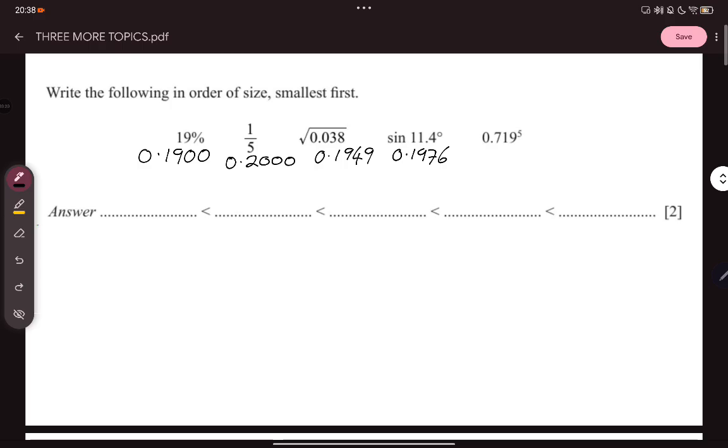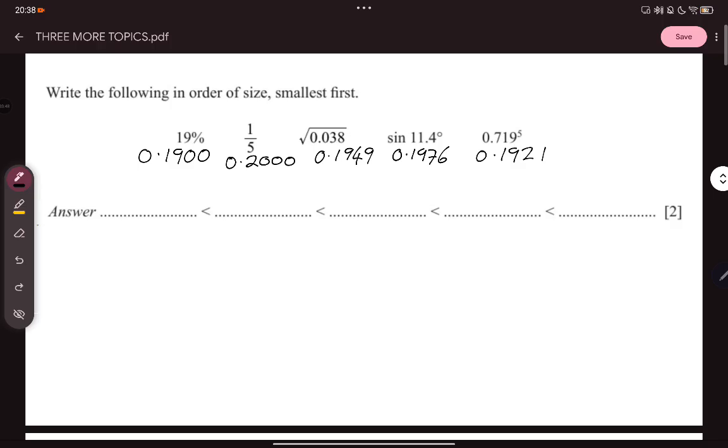And 0.719 to the power 5 is 0.1921. So I'm writing each of these with 4 digits after the decimal point. They all start with a 0 point something, so I don't need to worry about what's on the left-hand side there. And you just treat the right-hand side like proper, normal numbers.